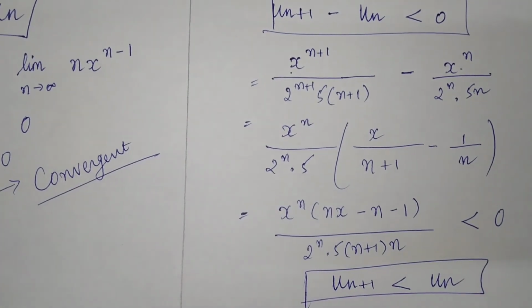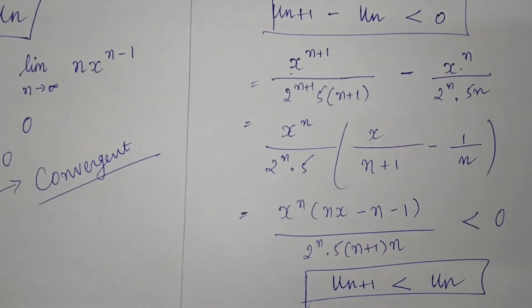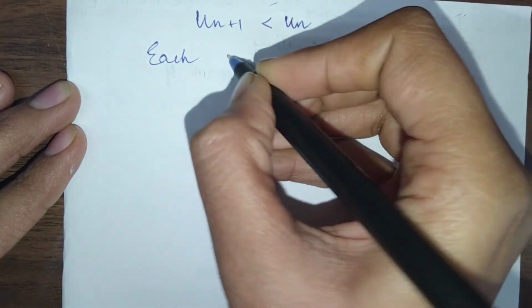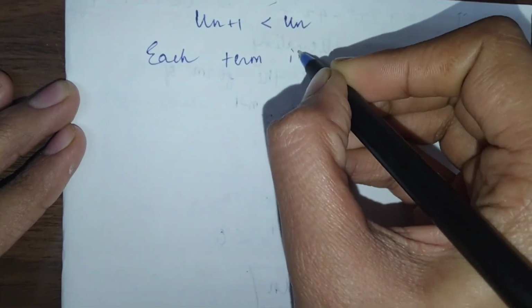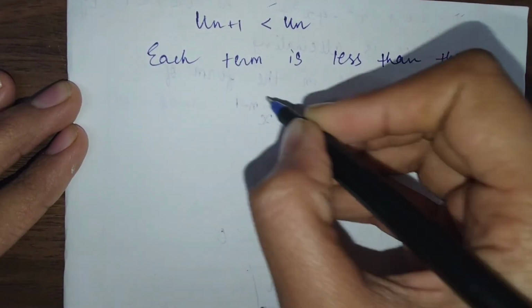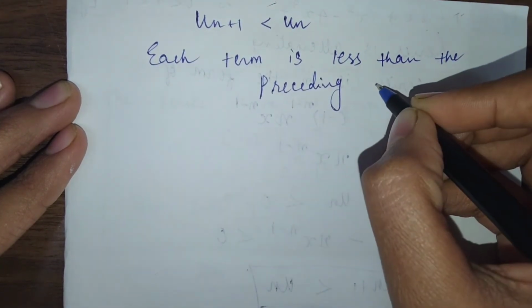So the first condition of Leibniz test is satisfied. So now we will check the second condition. And as un plus 1 is less than un, we can write that each term is less than the preceding term. Okay, you have to write this step in each example.